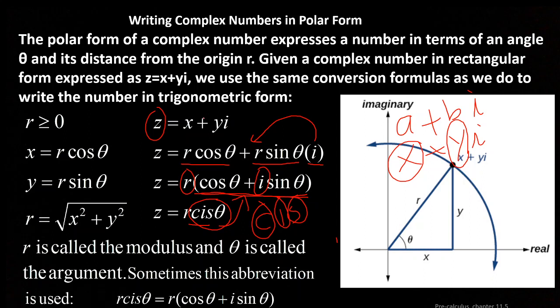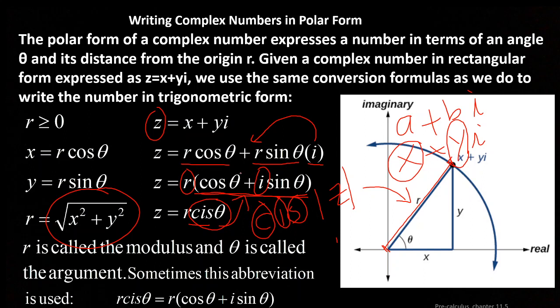So if you have a complex number, let's say z, when we put the absolute value of z, we mean that distance. And that distance is always the square root of x squared plus y squared. Okay? So that's how we convert a complex number to its polar form.